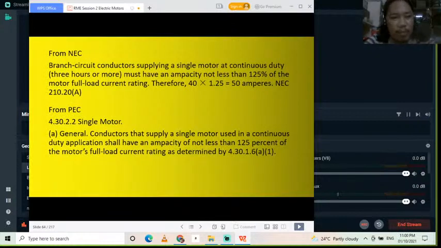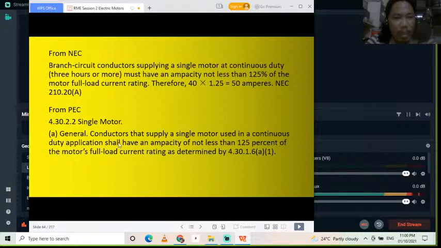So, nakalagay sa National Electrical Code, branch circuit conductor supplying a single motor at continuous duty, 3 hours or more, must have an ampacity of not less than 125% of the motor full load current rating. Therefore, 40 times 1.25 is equal to 50 amperes. Sa PEC naman, Article 4.30.2.2, nandun din, nakasulat din.